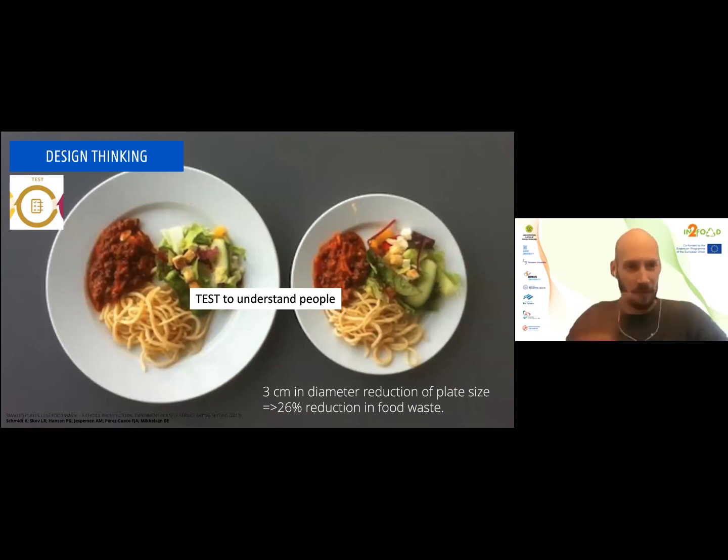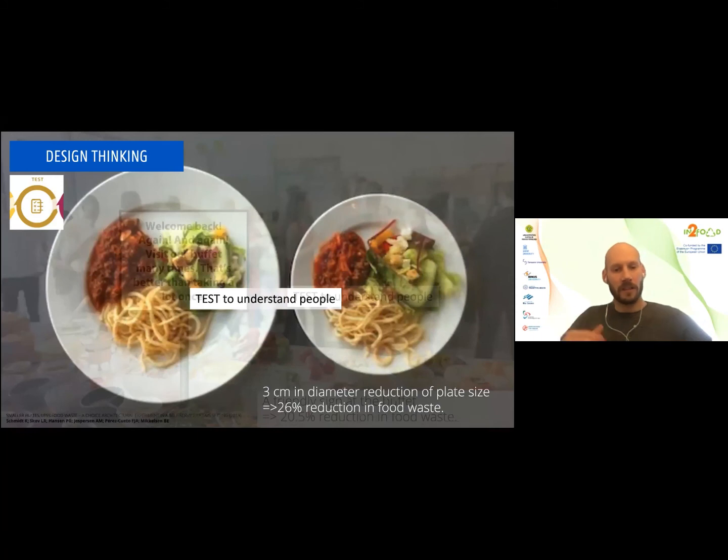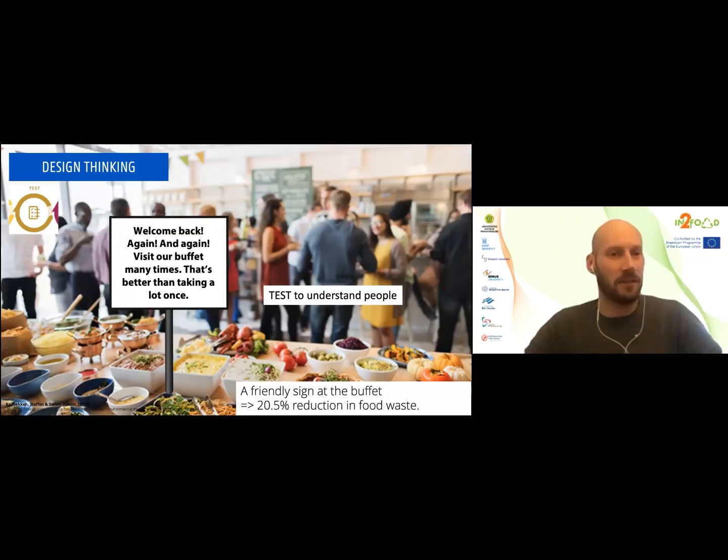So a very simple design can already have a big impact, in this case a 26% reduction of food waste. Another example, going back to the buffet picture you saw in the beginning: if we start asking why people behave the way they do, take the buffet at a restaurant.